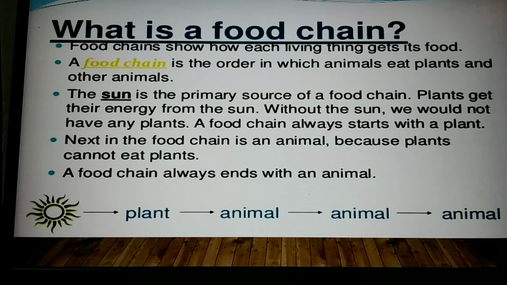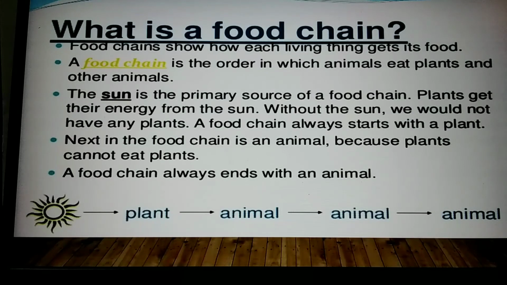What is a food chain? The interdependence of living animals on each other for food in a sequence is called a food chain. So a food chain shows how each living thing gets its food. A food chain is the order in which animals eat plants and other animals.